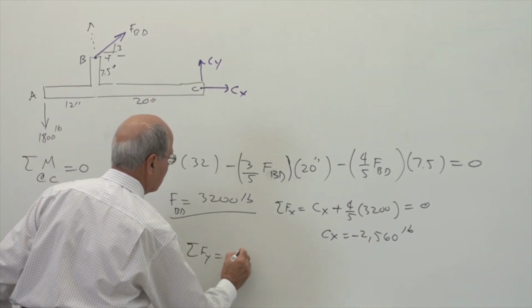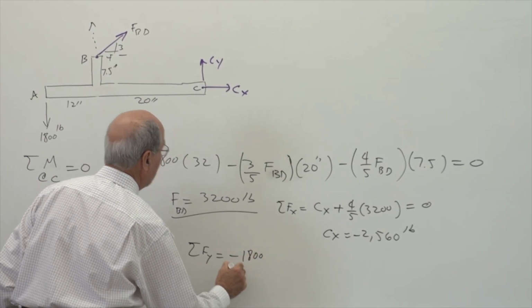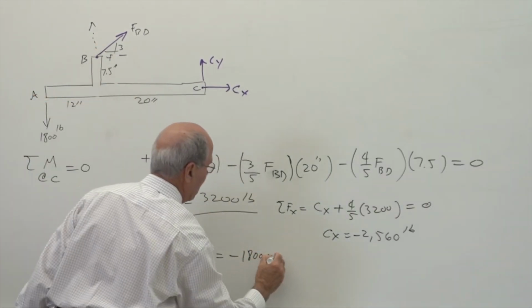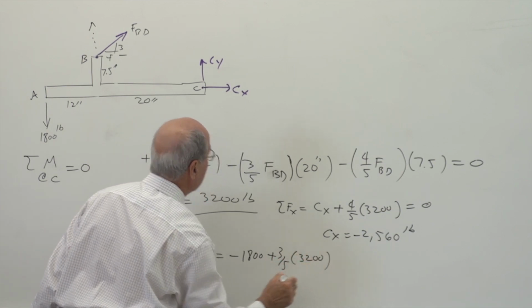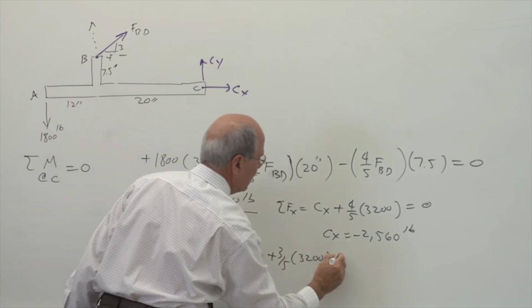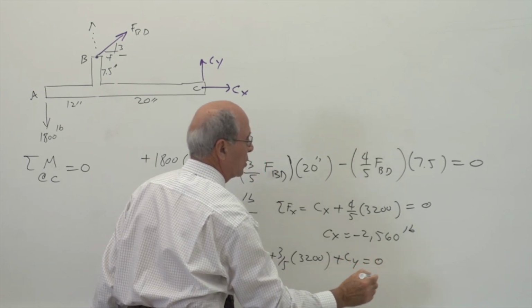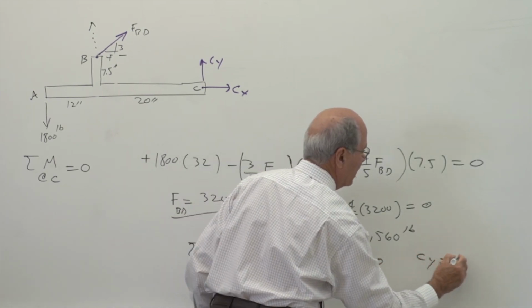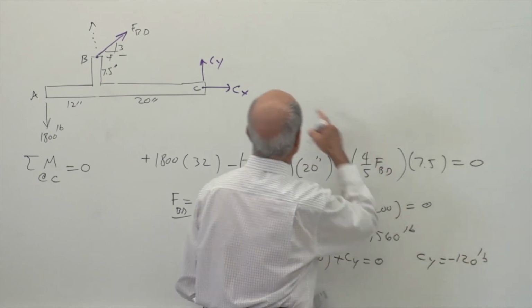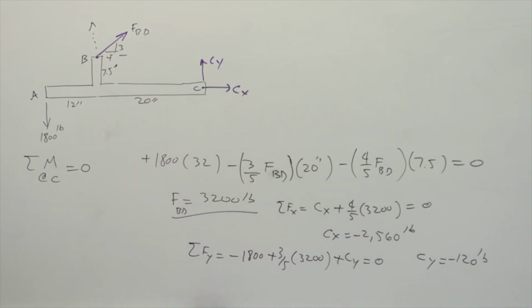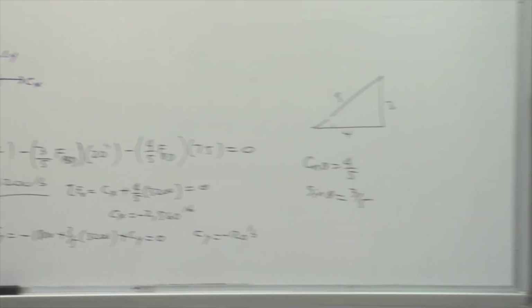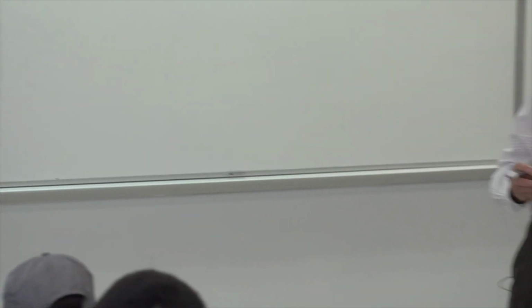So you have minus 1,800 here, and then here you have plus 3/5 of 3,200 plus Cy equals 0, and Cy becomes minus 120. Both of them, Cx and Cy, are in the wrong direction, but we just always put them in the positive format. Yes, sir. Okay, that was the statics of this problem.